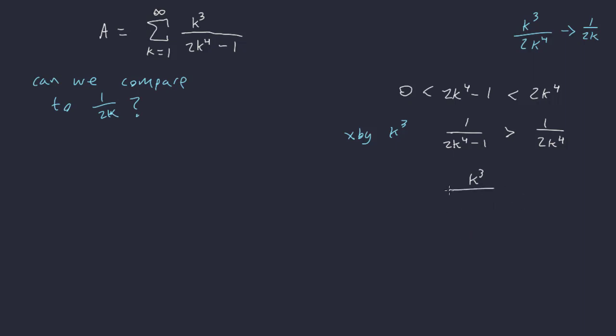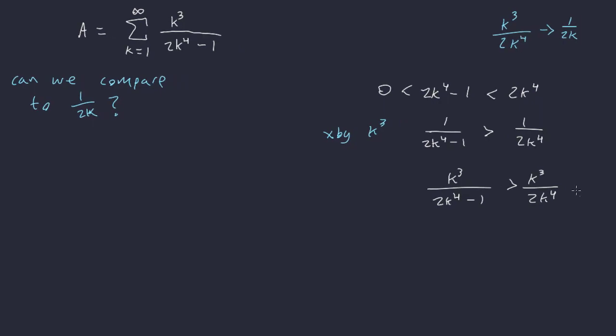So we'll get k cubed over 2k to the 4th minus 1 is greater than k cubed over 2k to the 4th, which, when we simplify it, is 1 over 2k.